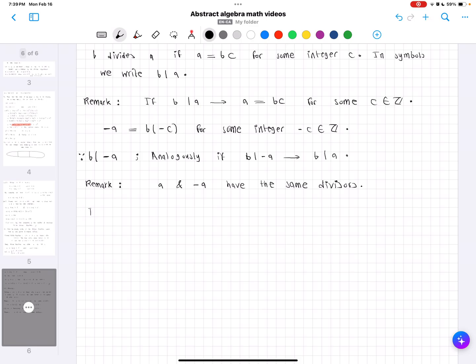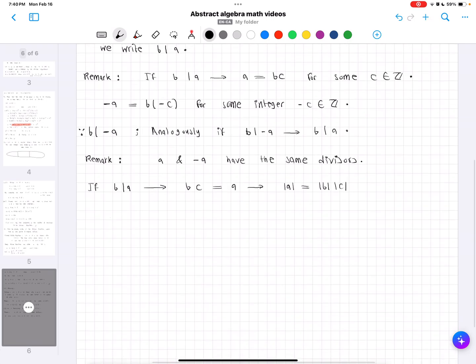If B divides A, then if we repeat B a certain amount of times, we reach A. So in particular, we have that the absolute value of A is the absolute value of B times C.